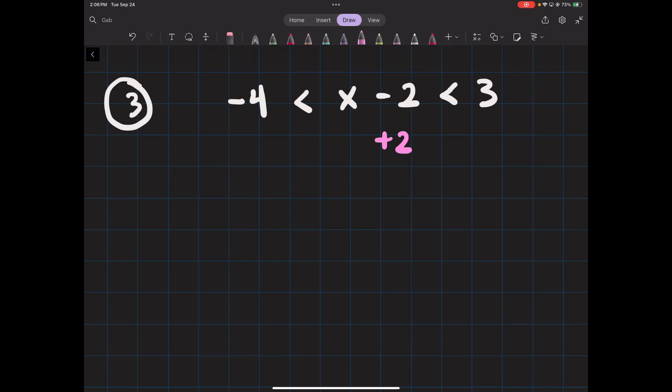Only the 3? No, everything. Whatever you do, you got to do it to everything. In this case we have 3 places, so you got to do the same thing to everything. Okay?